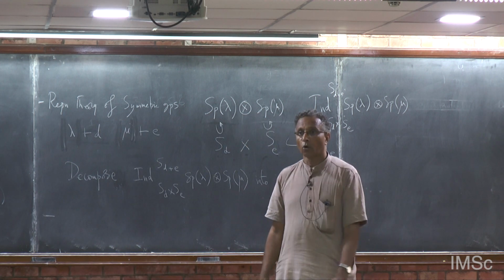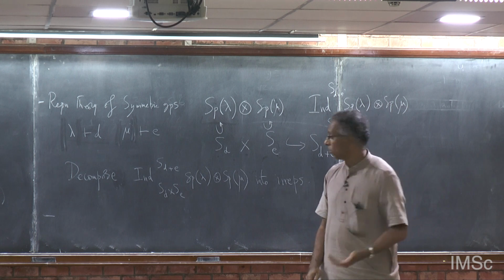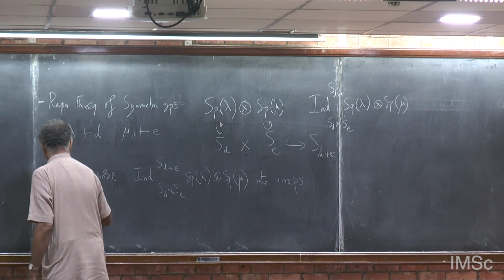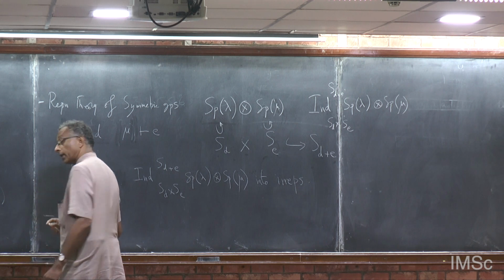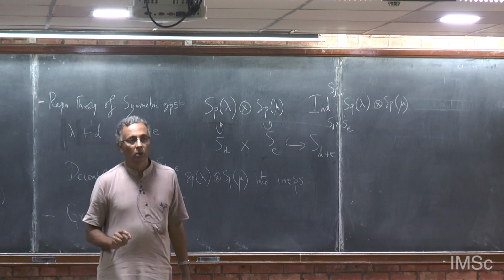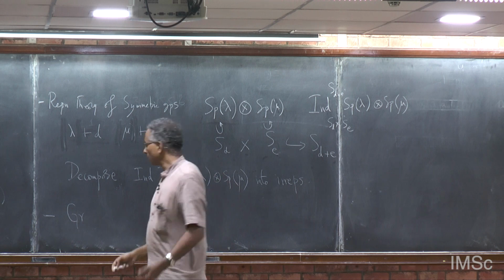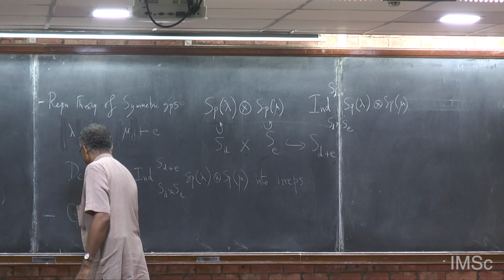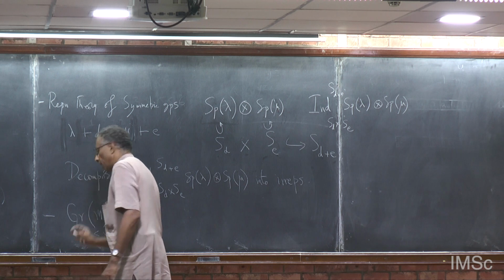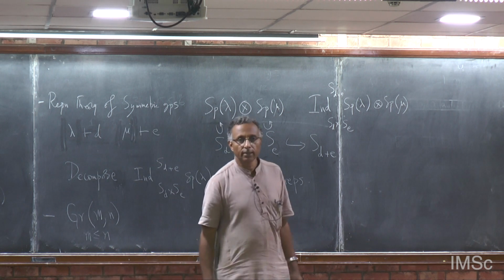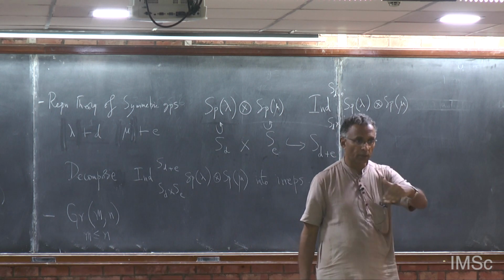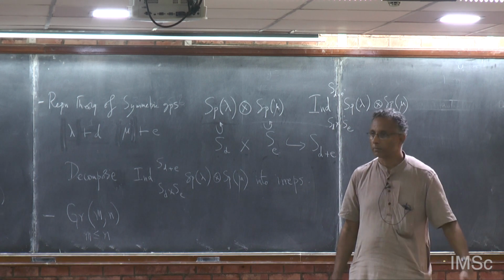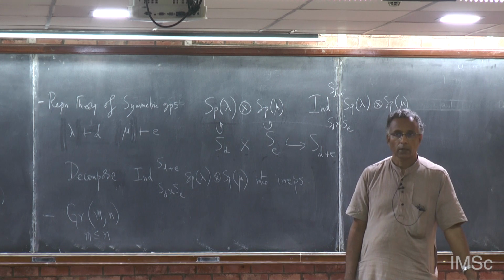I will just be brief here. There is this object called the Grassmannian. Given two numbers m and n, m less than or equal to n, you can talk about the Grassmannian of m planes, m-dimensional linear subspaces in an n-dimensional space.